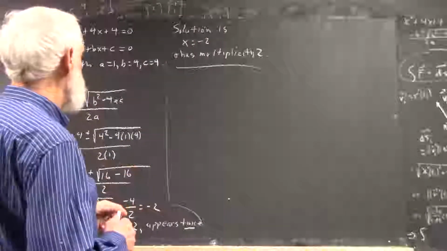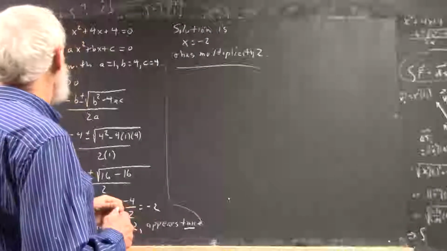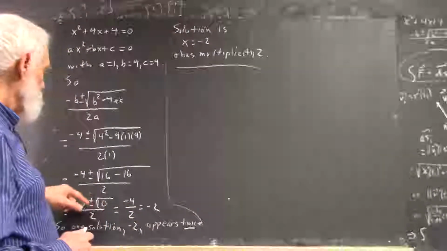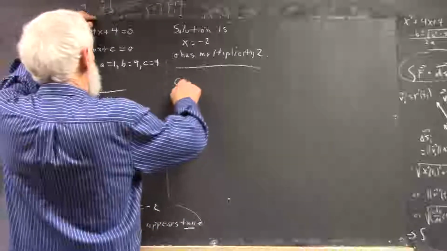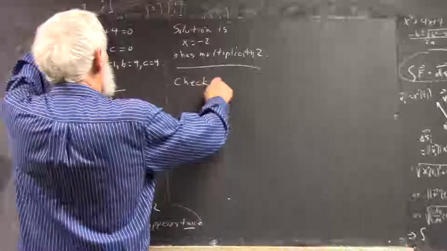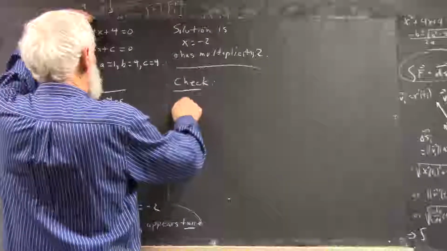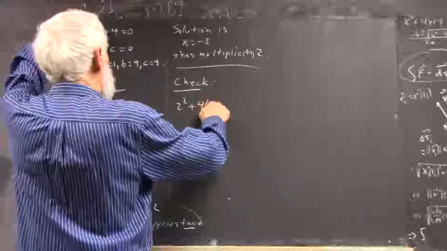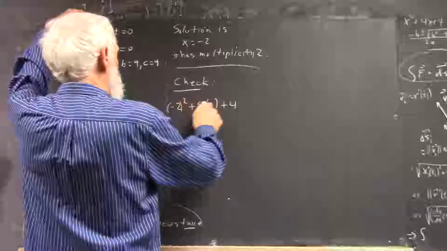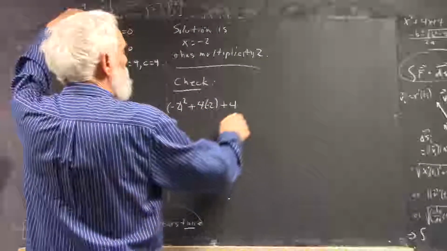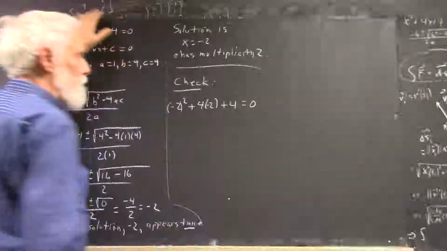So you have that solution with multiplicity 2. Again, once for the plus, once for the minus, it happens twice. Check. Negative 2 squared plus 4 times negative 2 plus 4 should equal 0.